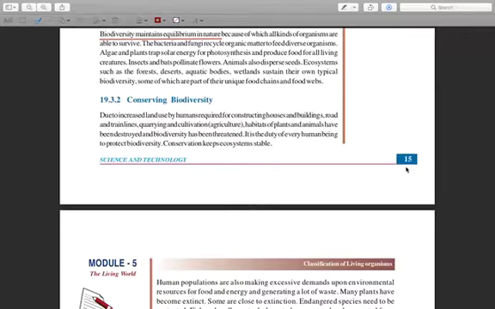You might know that in the coastal regions, they give a particular time, like I think one month or two months, I'm not sure, when they don't allow the fishermen to go fishing because the fishes have to breed. So these are the things we have to do to conserve biodiversity.